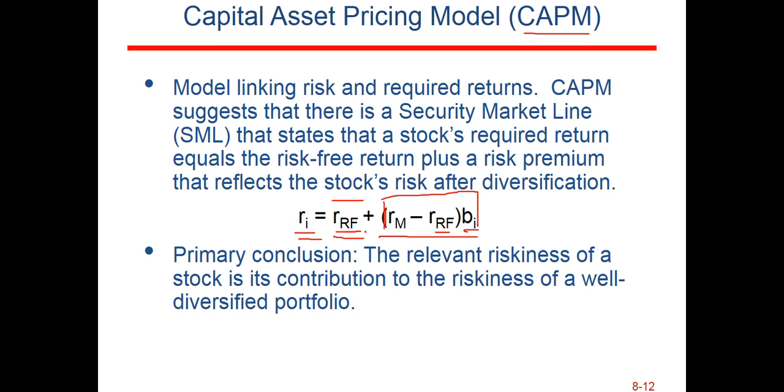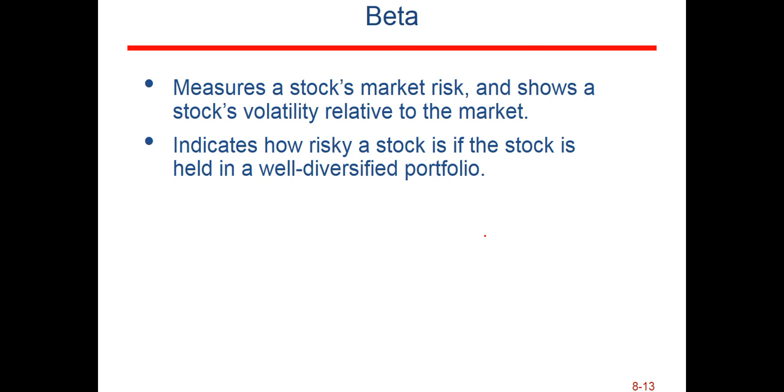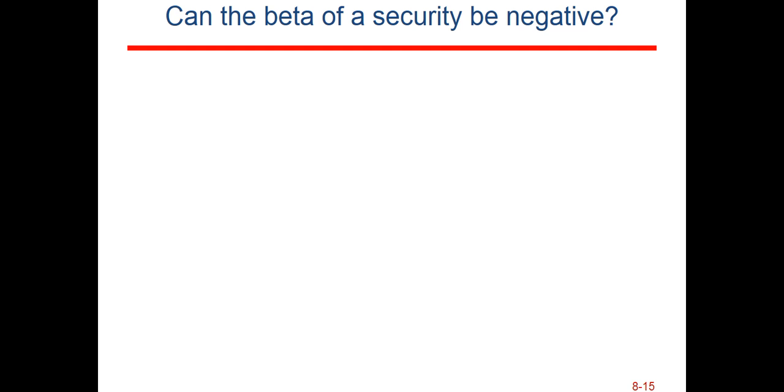This is the risk-free rate. This is the market rate, market return, and beta is how the stock fluctuates with the fluctuations in the market. The relevant risk assumes it's going to be beta.